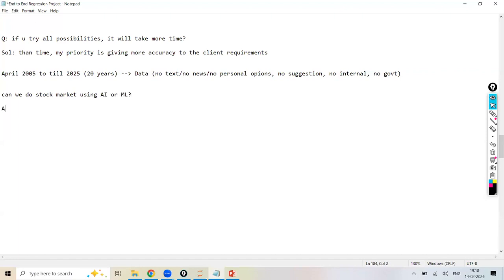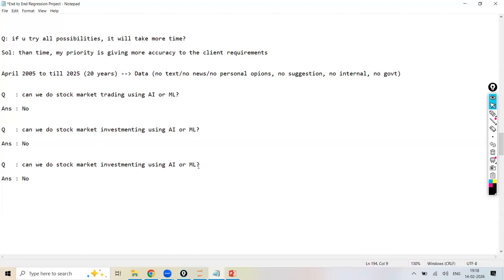The answer is no. We can do trading in the stock market using AI or ML? No. Can we do stock market investing using these two? The answer is again no. Can we do stock market investing using data analytics?